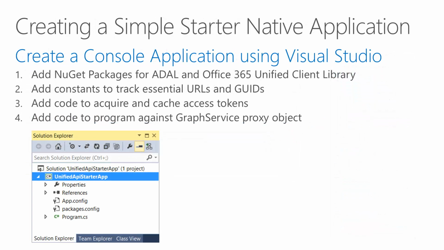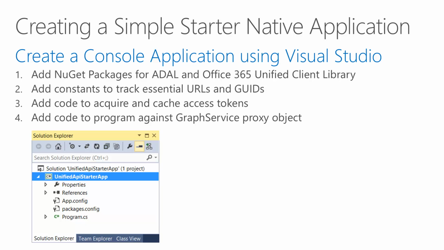Okay, now what I want to do here is show you how to create a quick starter application. The idea is within about 5 minutes, you can go to Visual Studio, you can create a console application, and you can basically just start programming directly against your Office 365 tenancy. Okay, now one of the things that we're going to have to do is add some NuGet packages.